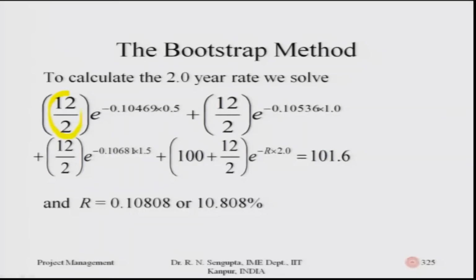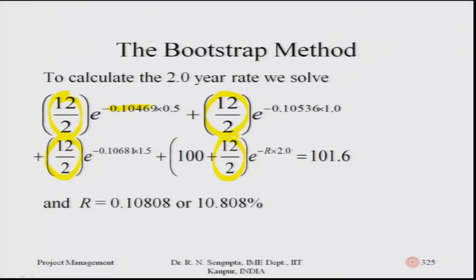So, this 12 by 2, which is 6, is appearing 4 times. The first one is after 6 months, I am repeating it, please bear with me. The second 12 by 2 is after 1 year, the third 12 by 2 is after 1.5 years, and the fourth 12 by 2 is after 2 years. Now, the interest rates are obtained from the table as well as from the calculation which we have just finished in the 324th slide.